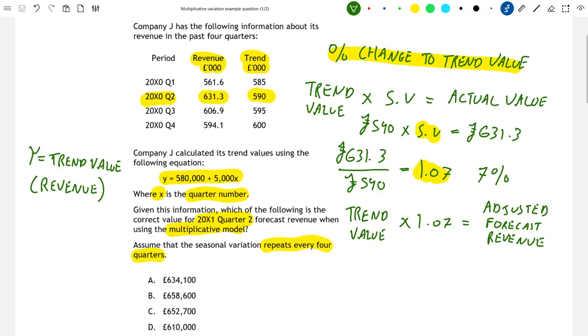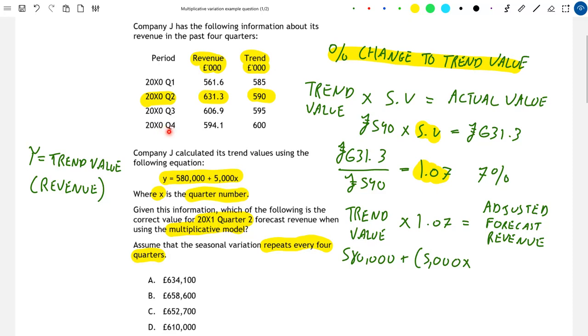So let's calculate our trend value. Looking to our equation, we see we take 580,000 and then add 5,000x, where x is the quarter number. So in 20x0 quarter 4, the quarter number is 4.